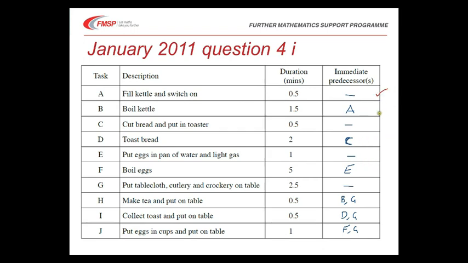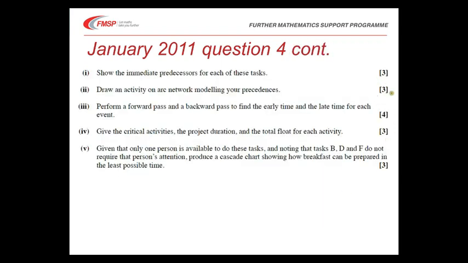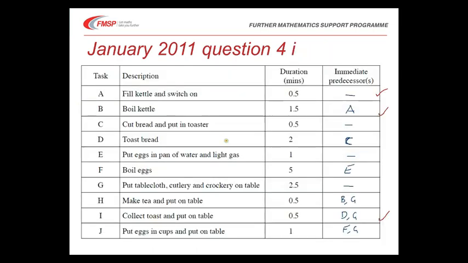There's 1 mark for them, 1 mark for them, and then 1 mark for these. There are your 3 marks there. There's 3 marks for your activity on arc network, 4 for your forward and backwards passes, and then 3 marks for the critical activities, duration and total float.